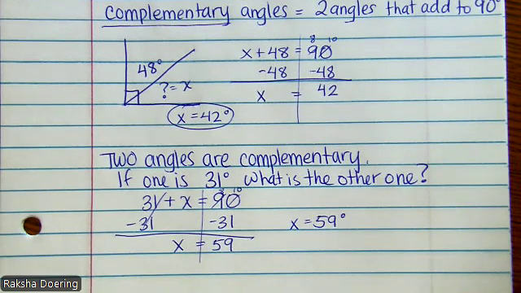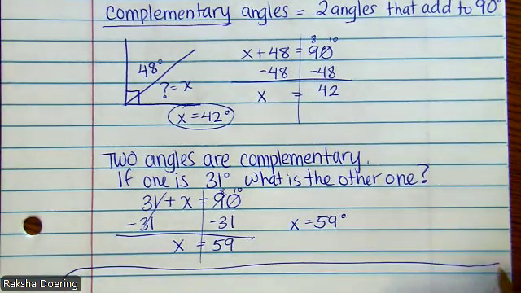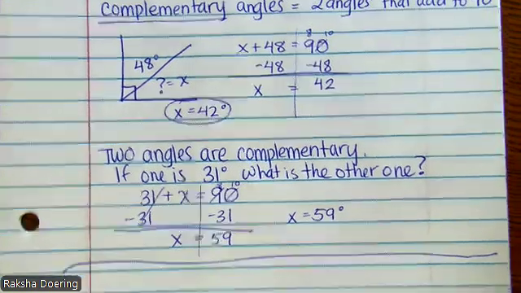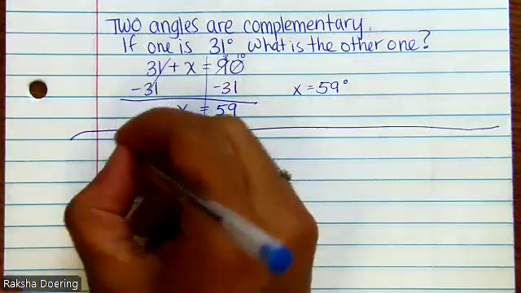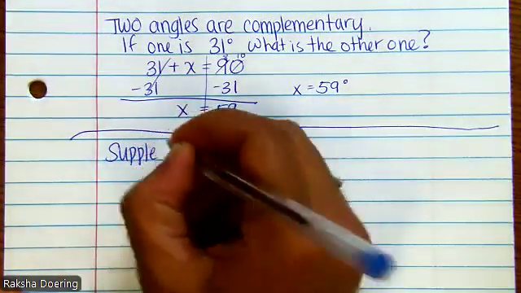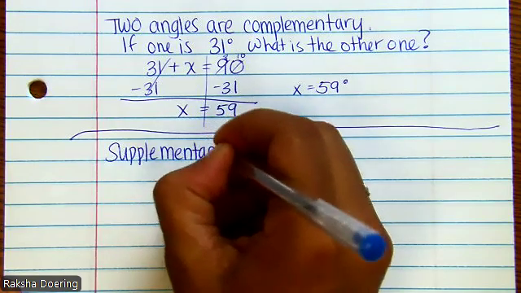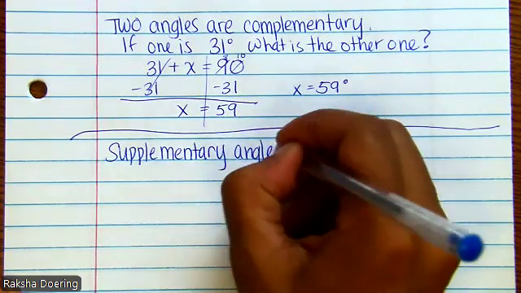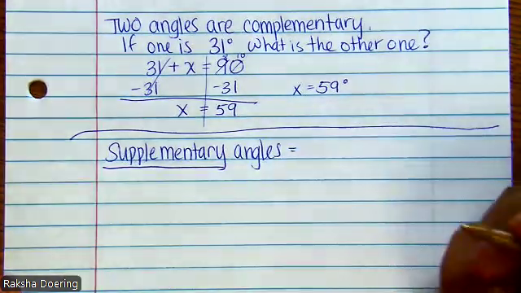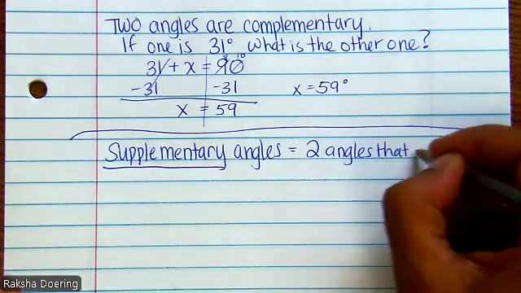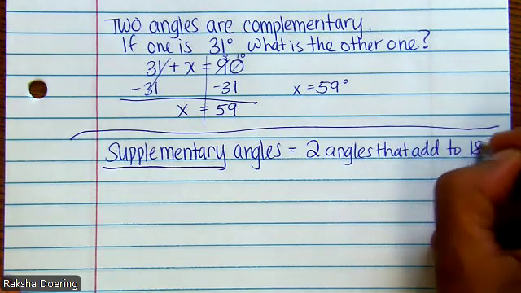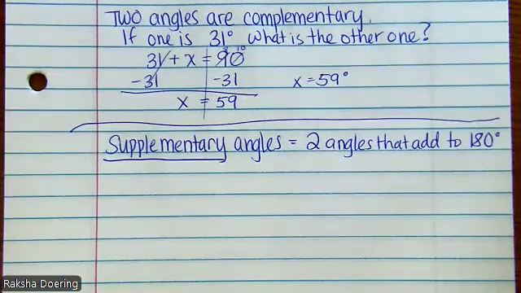So that's complementary angles. So we're going to learn about three kinds of angles. The first one's complementary. And the second one is two angles that add up to 180 degrees. Two angles that add up to 180 degrees are called supplementary angles. And again, we could ask these questions in two ways, either from a picture or with words.